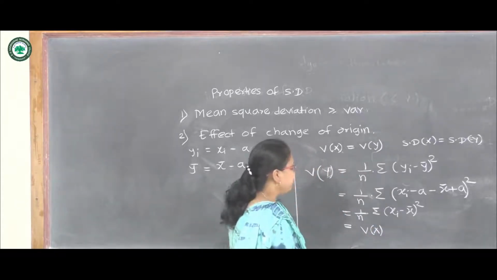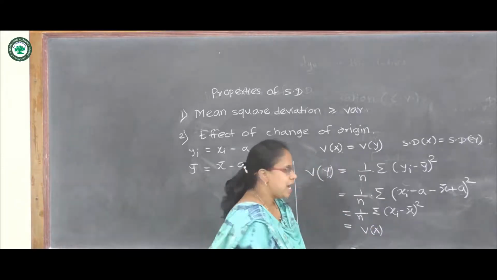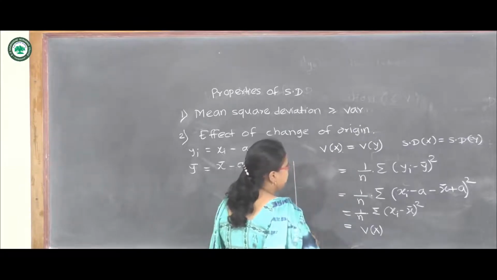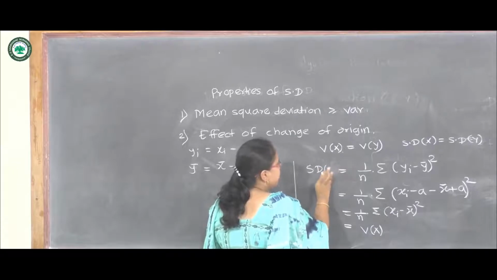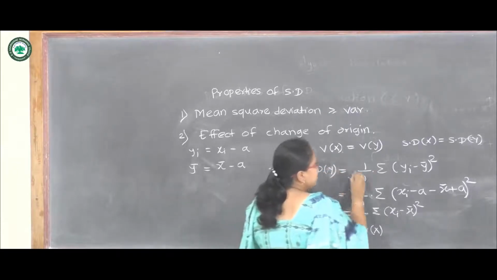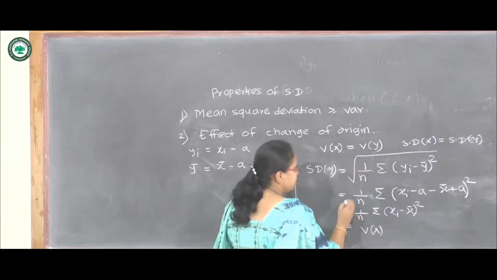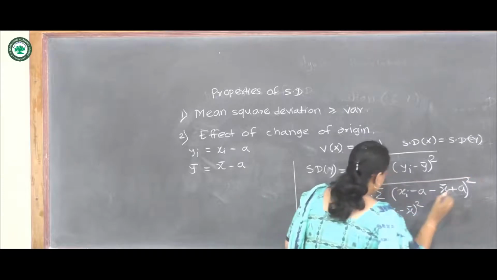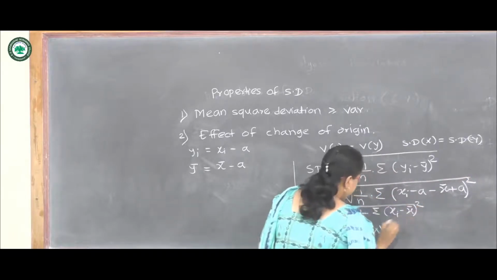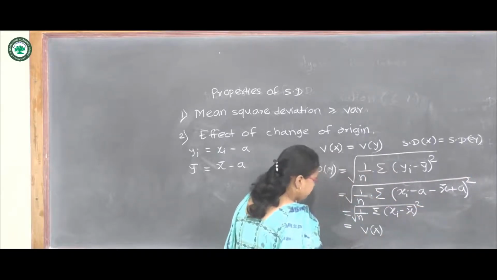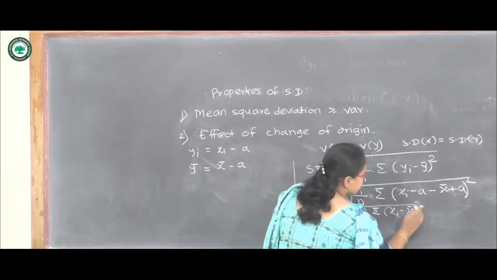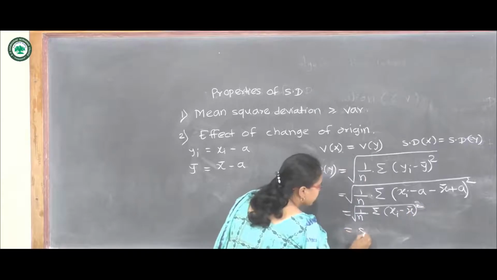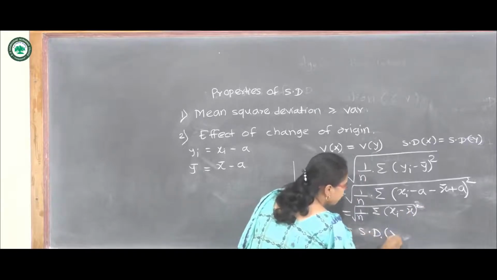Similarly, if you want to prove it for standard deviation, then standard deviation of y will be the square root of this term. Again, the square root of these terms, and the square root of variance is the standard deviation of x.